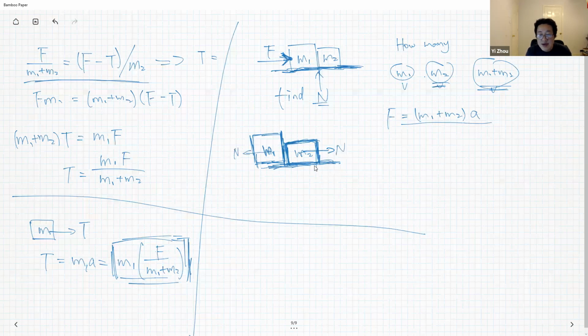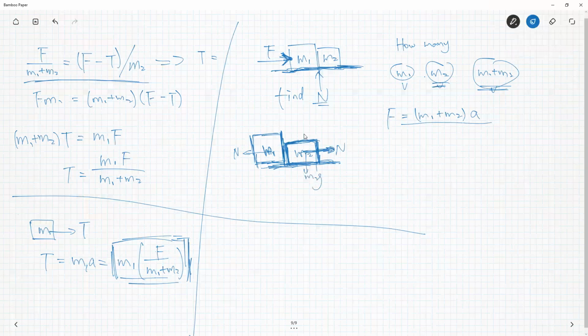Is there any other force working on M2? Actually there is gravity, and its normal force, right? But this pair we can ignore, because we know they'll cancel.